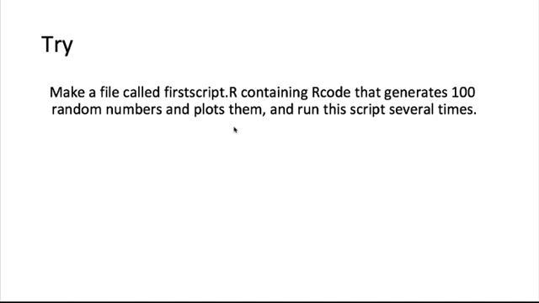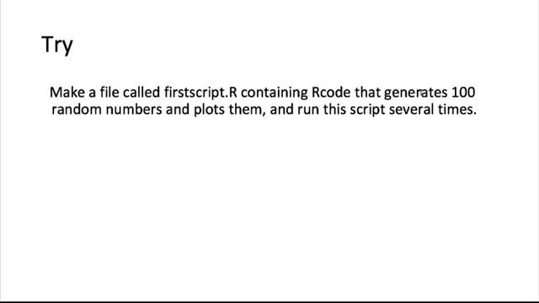So if we wanted to make a file, if we open Notepad and created a file, and we wanted it to be a script called first script that generates 100 random numbers, it would have the command to run R, generate 100 random numbers, and then plot those numbers.